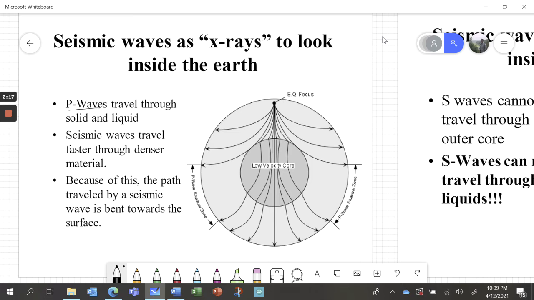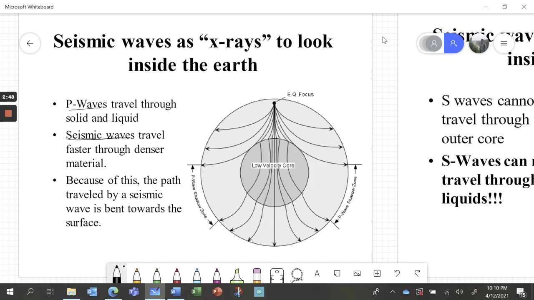The interesting part is you're probably wondering, why is it curved? Why do these curve? Well, these waves, P waves and S waves, so all seismic waves really, travel faster through denser materials. If you think about what's more dense, a liquid or a solid, most of the time solids are more dense than liquids.